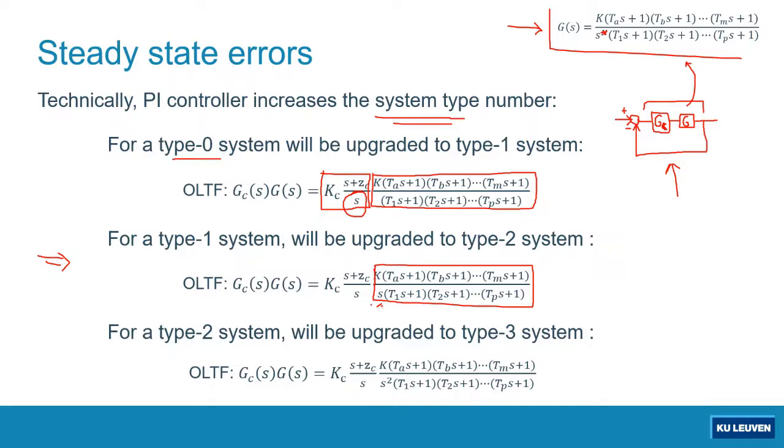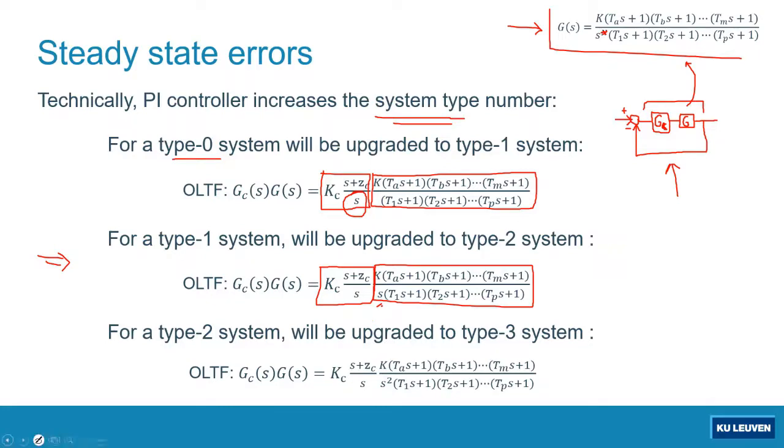This is type 1 system. And then after I introduce a PI controller, I will have two poles in my open loop transfer function that are equal to 0, right? That means my unity feedback system now becomes type 2 system. So with the same logic, again, introducing a PI controller, I will upgrade a type 1 system to a type 2 system.